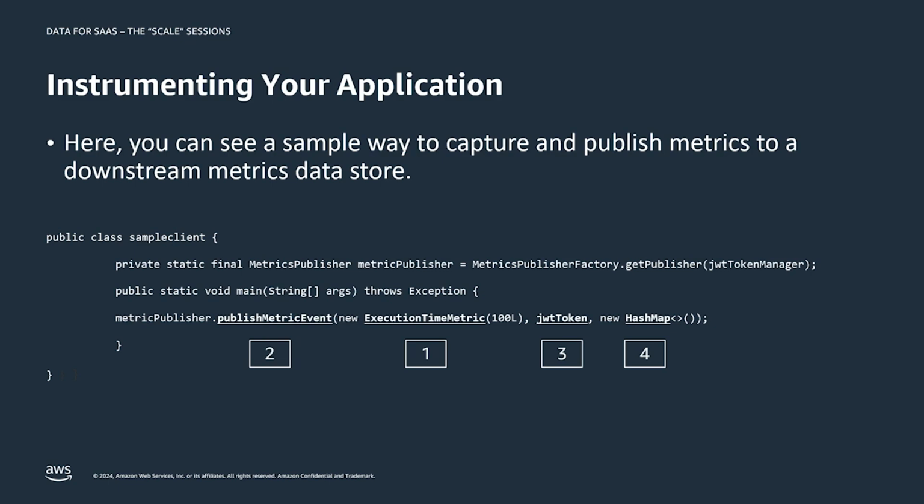And then finally, in step four, we have an optional hash map or entry where we can pass across any additional information in a set of key value data pairs to the actual metric implementation.